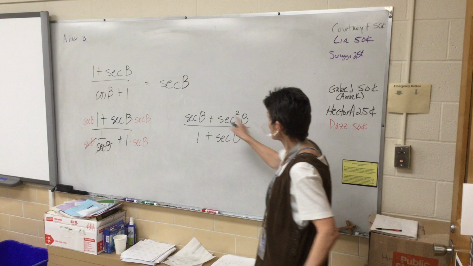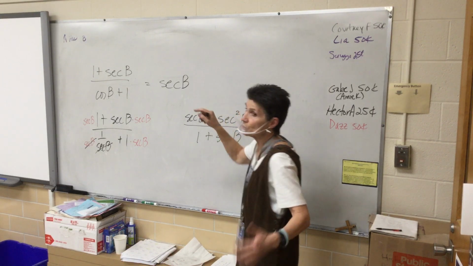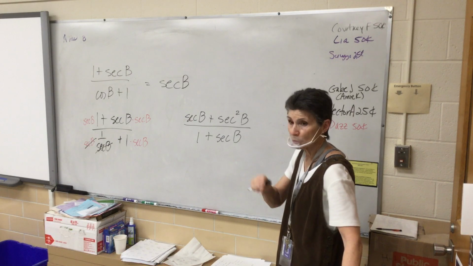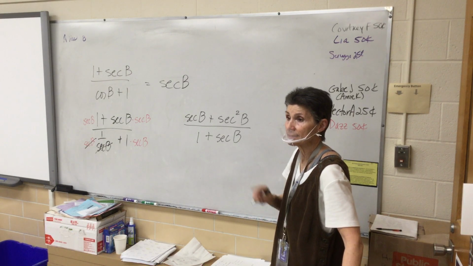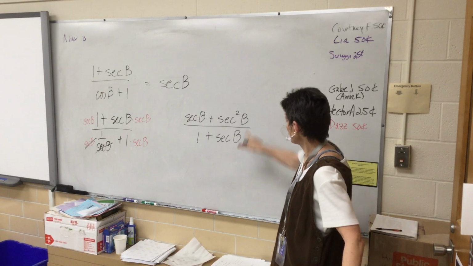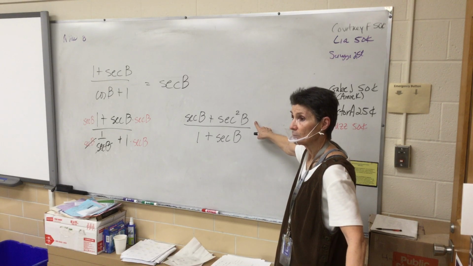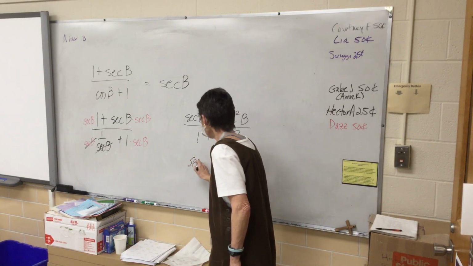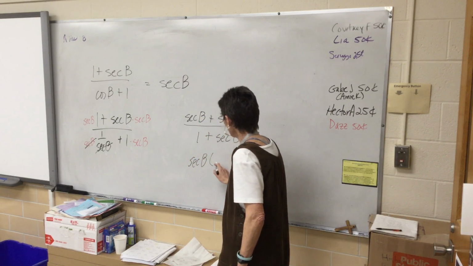Now, this is where I'm at, and that's where I need to go. Would you agree things have to cancel out? I've got too much. And I told you a minute ago, you really can't cancel until you do what first? Factor. So does that factor at all? We can take out a secant. So if we take out a secant, we'll be left with 1.